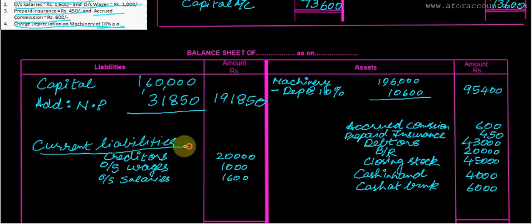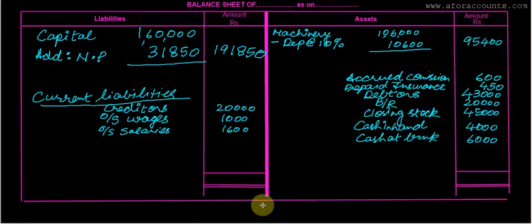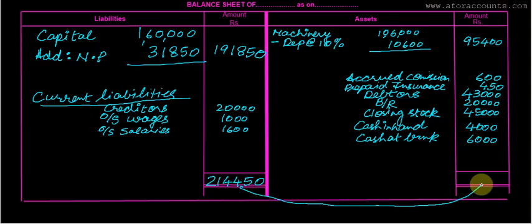I have creditors 20,000. I have outstanding wages 1,000, and I have outstanding salaries 1,600. Just take a quick total of this. The total will be 214,450. Remember that the total of liabilities should be equal to the total of the assets.